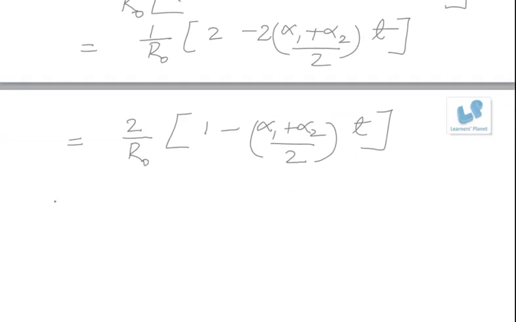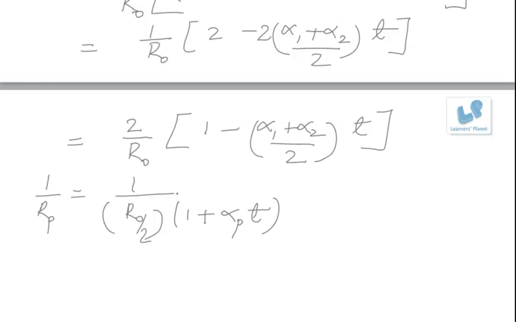Now on the LHS side, 1 upon Rp can be written as 1 upon (R naught by 2)(1 plus alpha p T), where alpha p is the temperature coefficient of resistance in parallel combination. Now you can write this as 2 upon R naught, and the term 1 upon (1 plus alpha p T), applying binomial theorem, could be written as 1 minus alpha p into T.